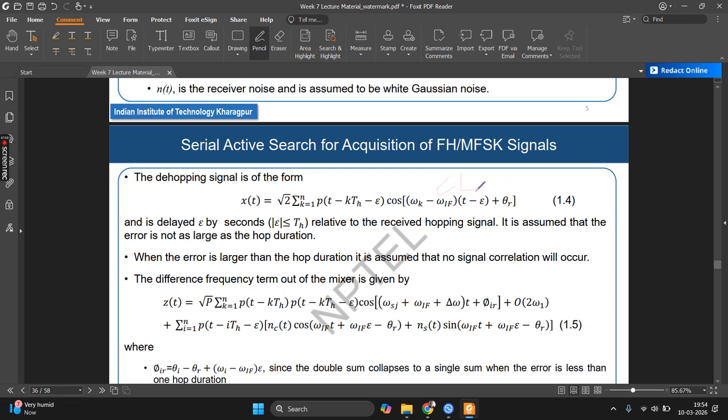This is the LO, local oscillator. So this omega IF is the local oscillator frequency, and p(t) is the pulse. Again it has to be one within the hopping duration, and it is subtracted by epsilon because there is a lag between the transmission process and the receiver process, that is the propagation lag. So because of that there is an epsilon delay.